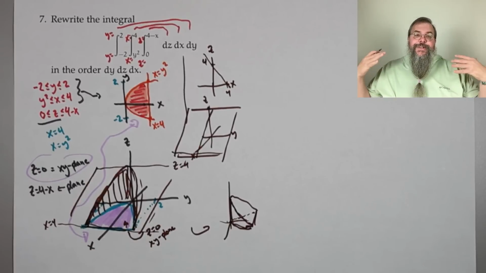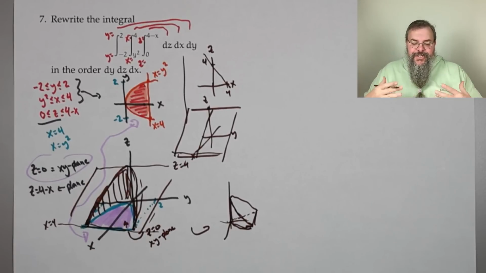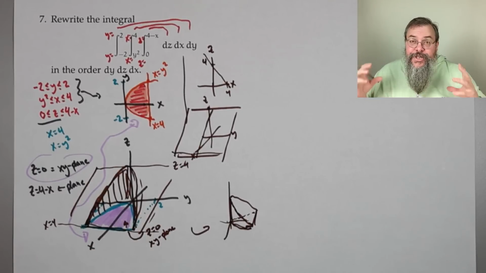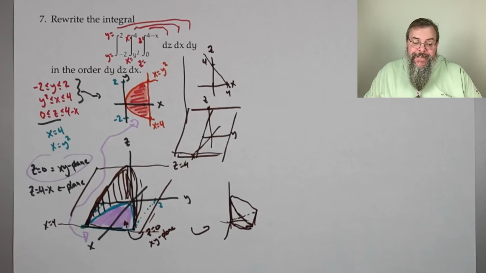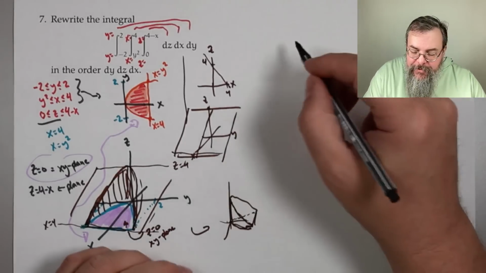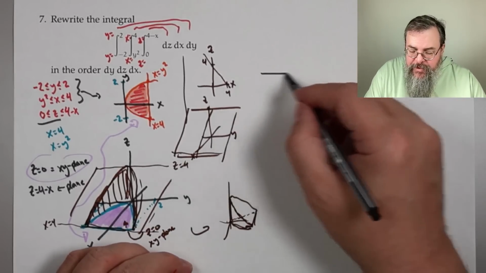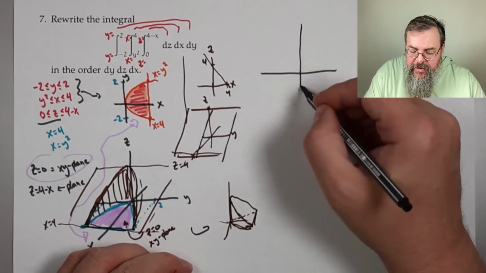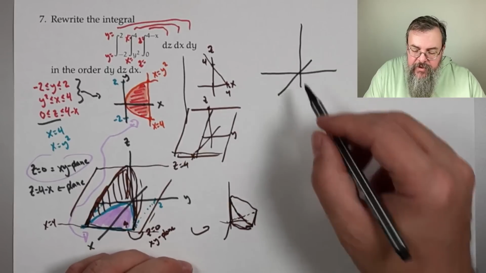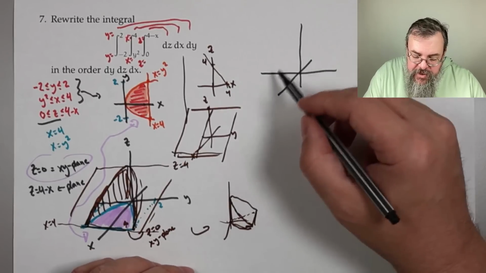All right, so our solid is this wedge-shaped thing. Okay, so with this in mind, let's try to see if we can't sketch it one more time, but we'll do it without so much clutter. It's nice to be able to draw things without too much clutter.